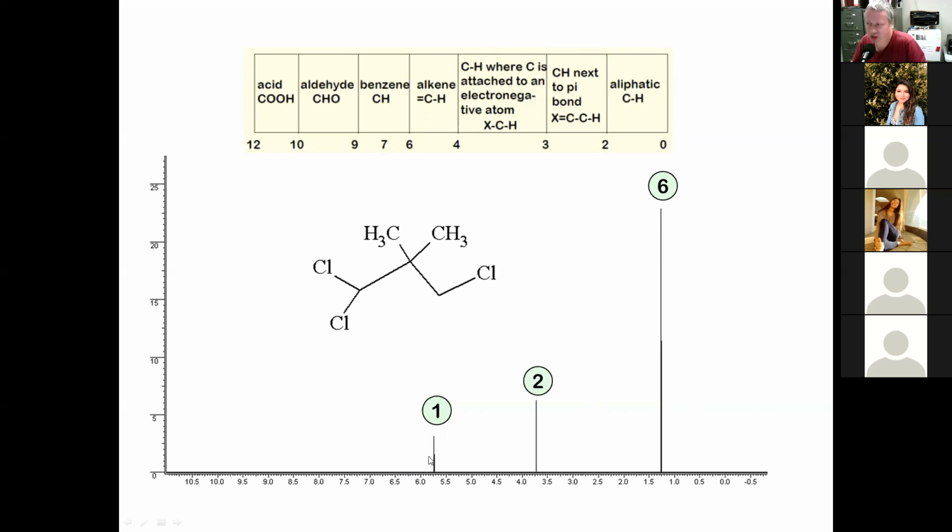The CH next to 2 chlorines is way downfield. Yeah, it makes sense because you have 2 chlorines. This chlorine is just a CH2 chlorine, that's between 3 and 4, which follows what the chart says. And then the 2 methyls don't really feel the effect of the chlorine very much. They're around 1. We cool?